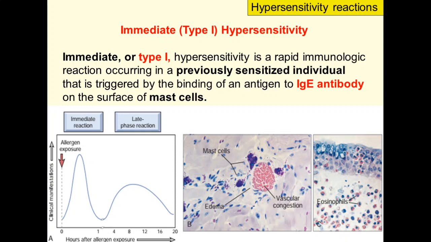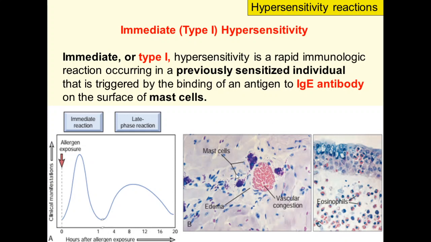Also, a specific feature of immediate reaction is the presence of 2 phases. The first phase is the immediate reaction and the second one is the late phase reaction. Right now we discuss why we have these 2. Moreover, what processes take part in the hypersensitivity reaction type 1? So the leader role has immunoglobulins E.